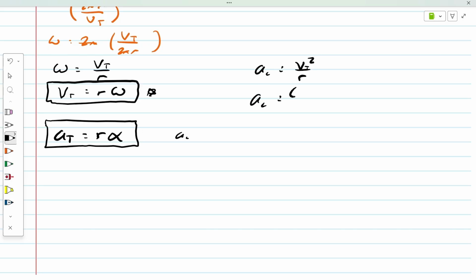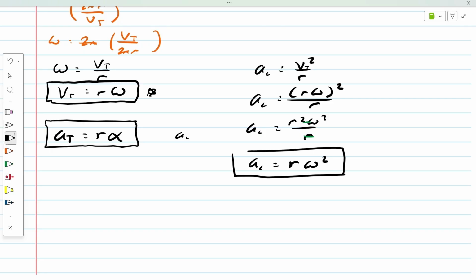Plugging that in, we get r omega, all of this squared over r. Squaring the top gives r squared omega squared over r, so one of the r's cancels, and we get centripetal acceleration equals r omega squared. That's our other type of acceleration.